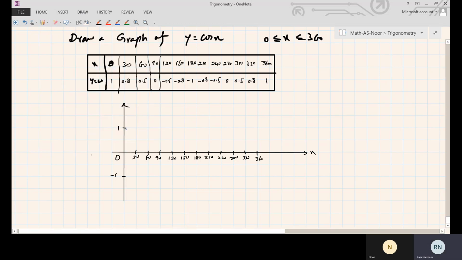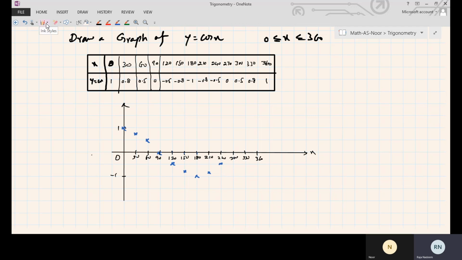Plot all the values. Cos 0 is 1, cos 30 is, sorry, 0.8, and then 0.5, 90 is 0, 120 is minus, and this 180 is minus 1, this is cos of 270.